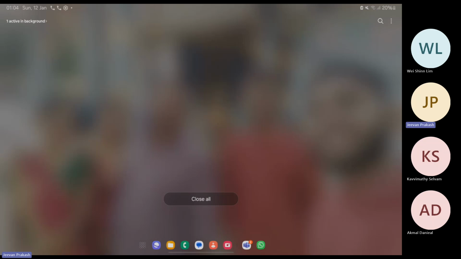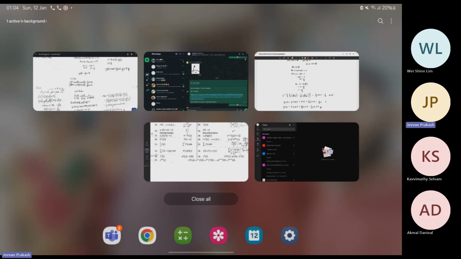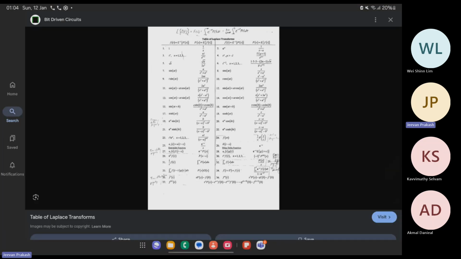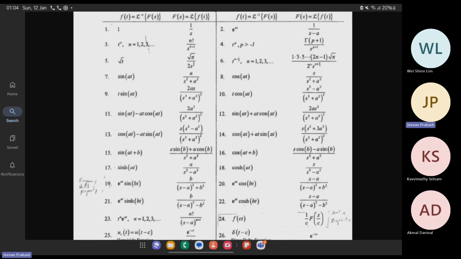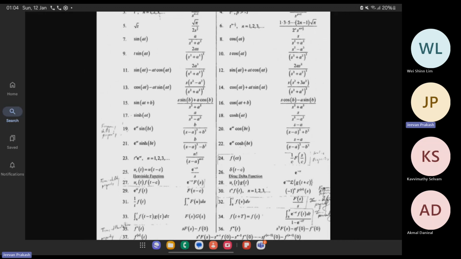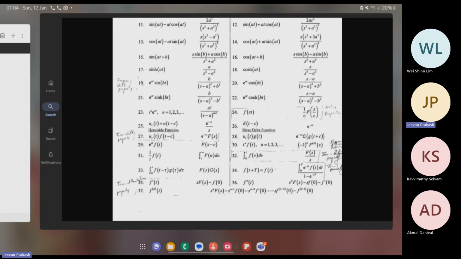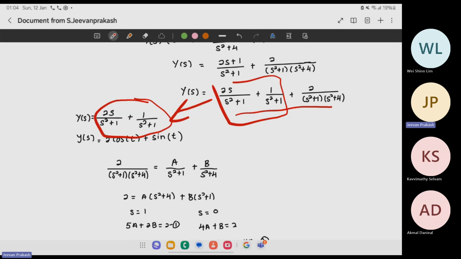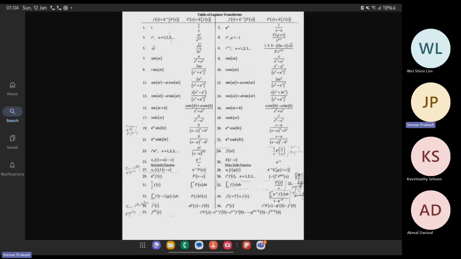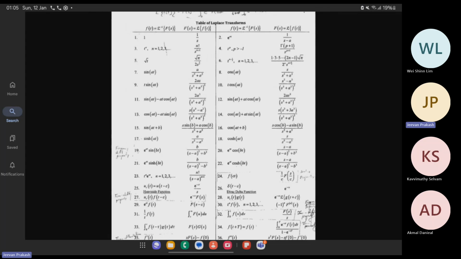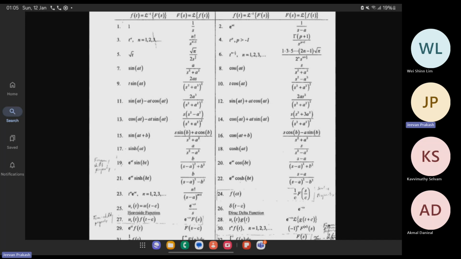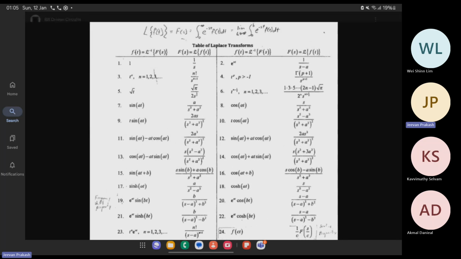This one, it will be somewhere here in the table, number 8. So you can always refer to the formula when doing this question.